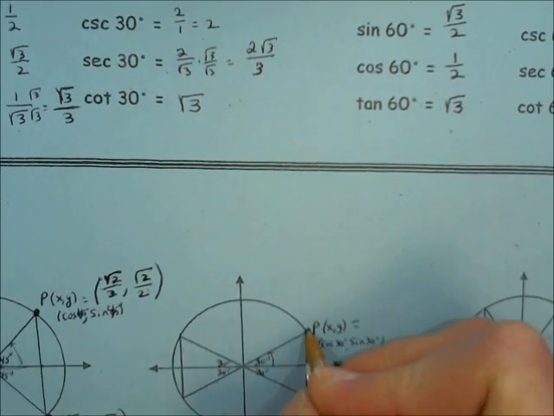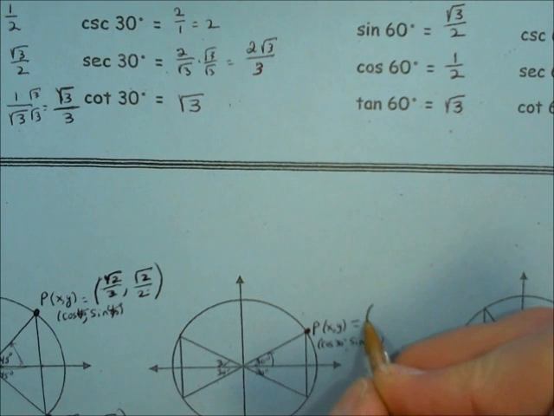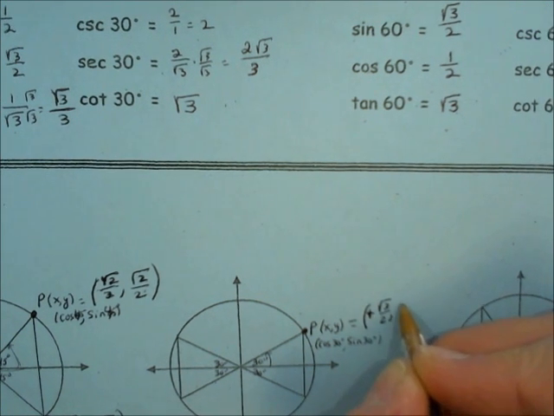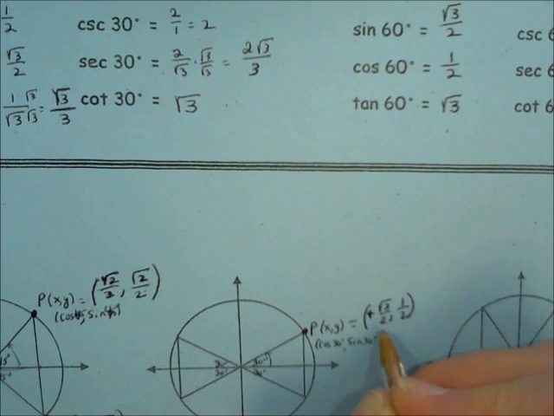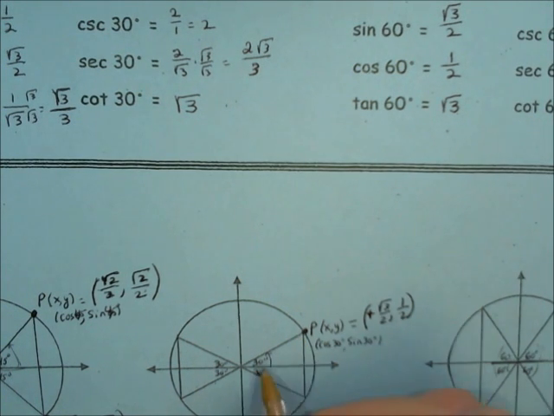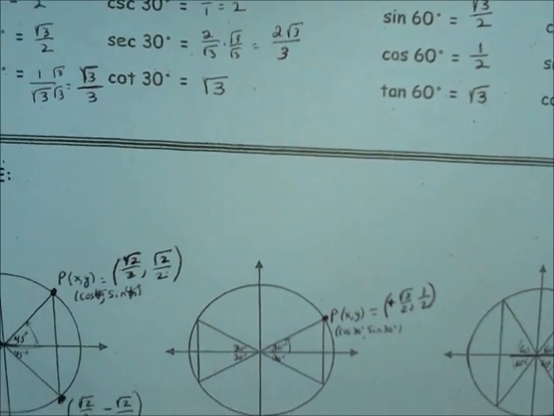So this point right here has coordinates of, I'm sorry, positive square root of 3 over 2, comma, positive 1/2, because you're going over and up. So the cosine is square root of 3 over 2, and the sine is 1/2 of a 30-degree angle.